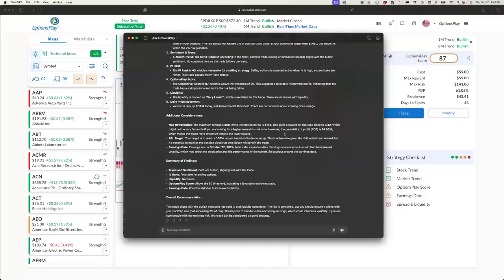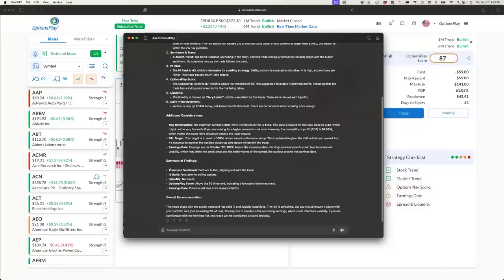And it'll tell you whether or not you're kind of chasing a trade. Generally, if a stock is up 10% on the day, you want to avoid chasing those stocks, or at least be aware that you are chasing that stock. So we are looking at all of these different criteria to help you make that trading decision.